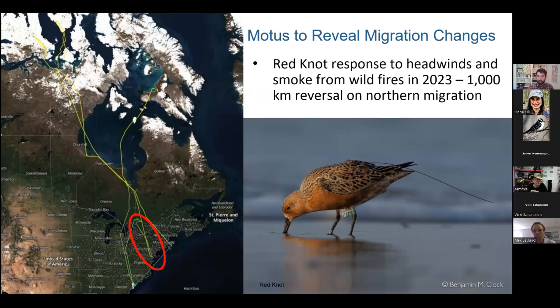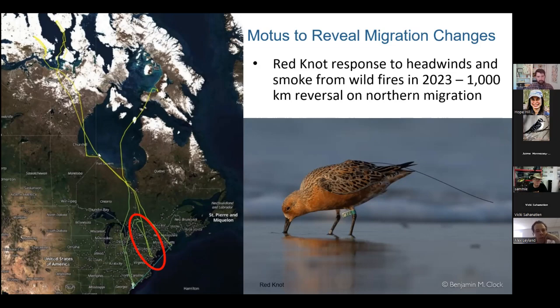Sorry, I was pointing to the wrong screen here. Flying north, it ran into smoke likely, and returned all the way back down to the coast to kind of refuel probably from migration, and then tried again and flew back north.